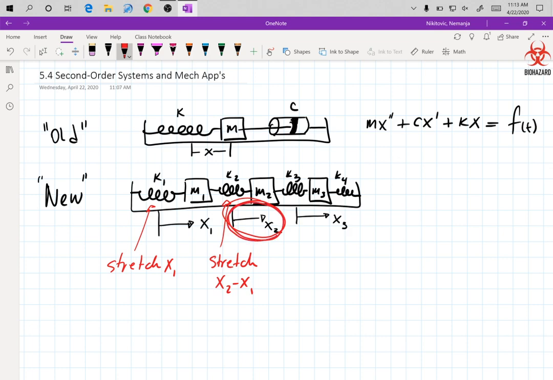But remember, springs always have the opposite reaction to what you do to them. If you compress it, it wants to expand. If you expand it, it wants to compress. So all of these would be stretches that are subtractions, and the last one is just the x3 stretch right here.